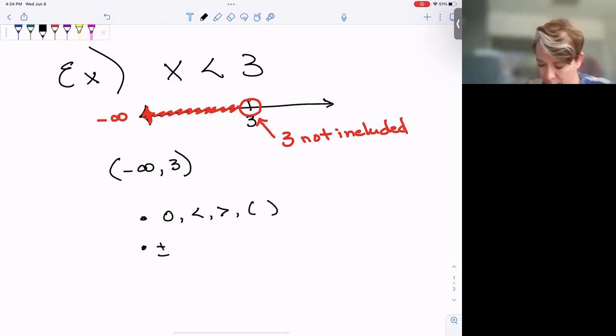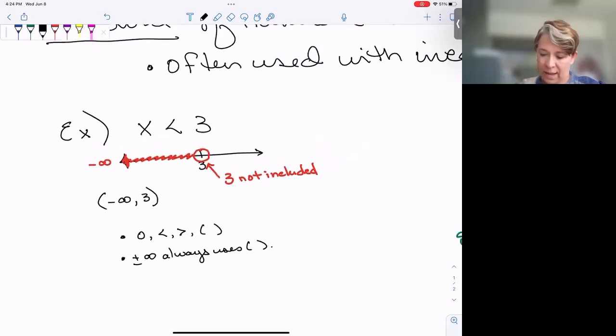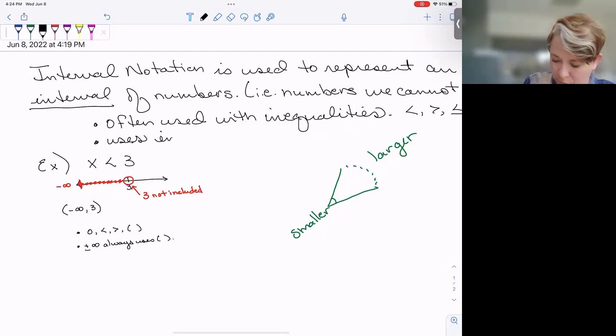And negative and positive infinity always use parentheses because infinity is not an actual endpoint. It's not a number, it just gives us a direction. You might want to add that up here: often used with inequalities, uses endpoints of an interval.